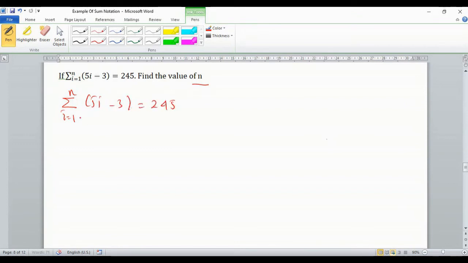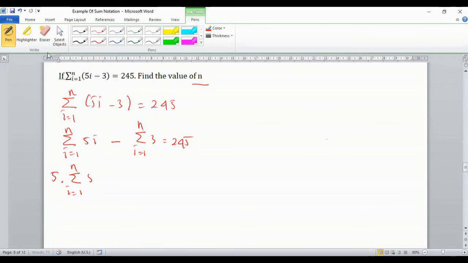So from here, we can use the second property to get sigma i equals 1 to n of 5i minus sigma i equals 1 to n of 3 equals 245.